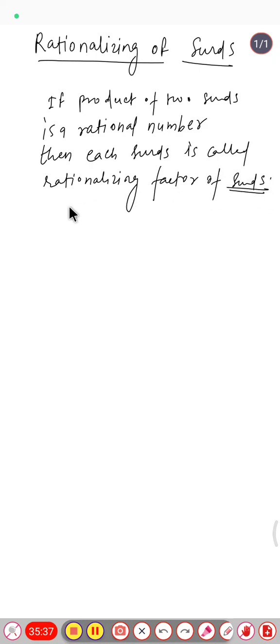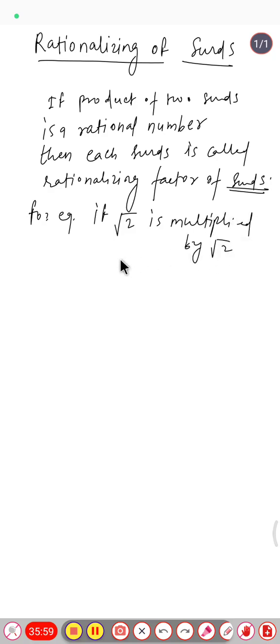For example, if we want to rationalize root 2, then what we have to do is multiply root 2 by root 2. Then we get root 2 into root 2, how much does it become?